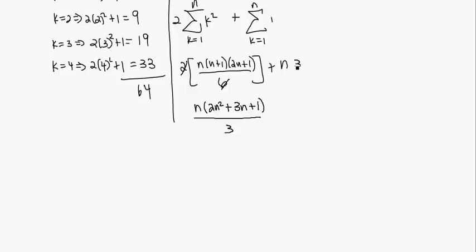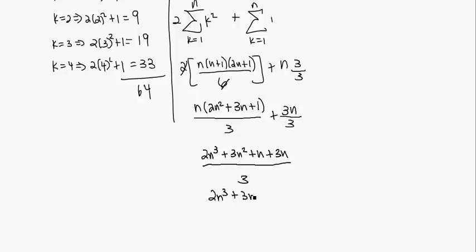And I'm going to get a common denominator here of 3 over 3 plus 3n over 3. And now I'm going to distribute this n and write this all over one denominator. So this is 2n cubed plus 3n squared plus n plus 3n, all over 3. And combining like terms, I get 2n cubed plus 3n squared plus 4n all over 3.